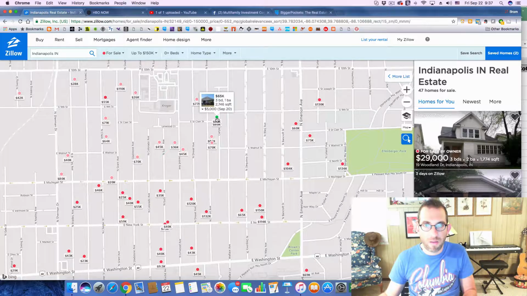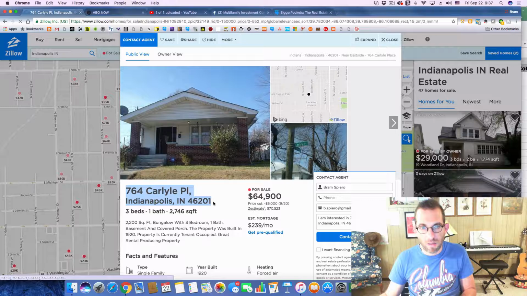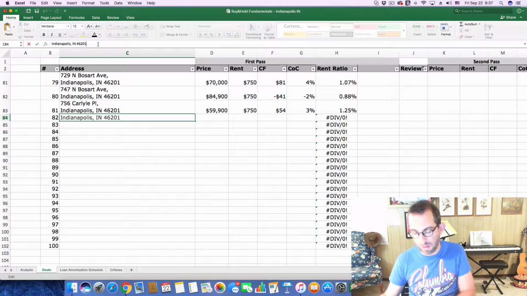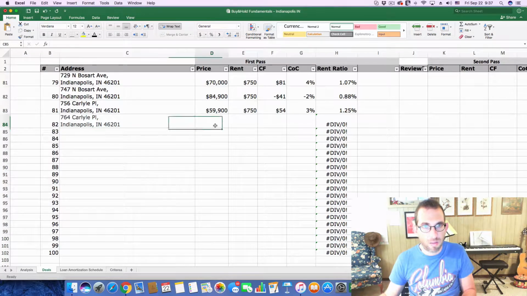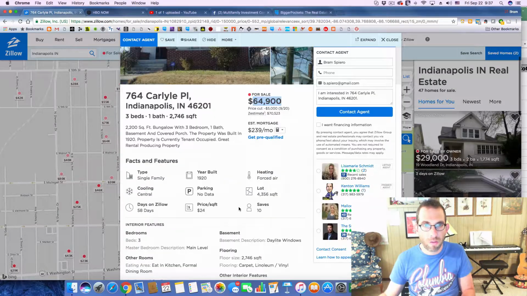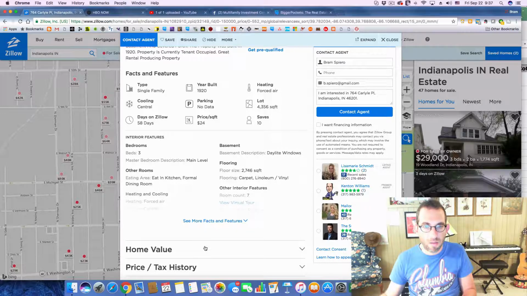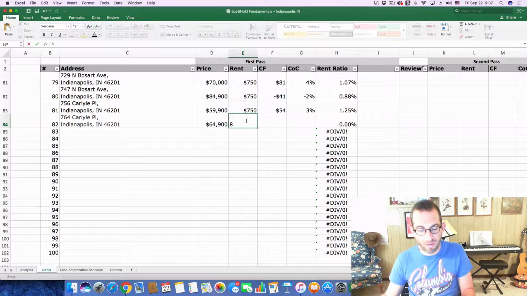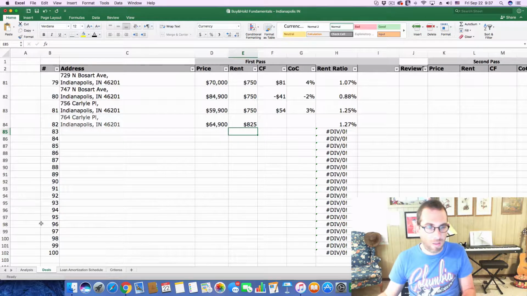The other thing is that you'll notice that I am gathering 4 pieces of information. That's the address of the property, the price, or the asking price, which isn't necessarily what it's going to close for, the estimated market rent coming out of Zillow, $825, which is, like I said, far from perfect.